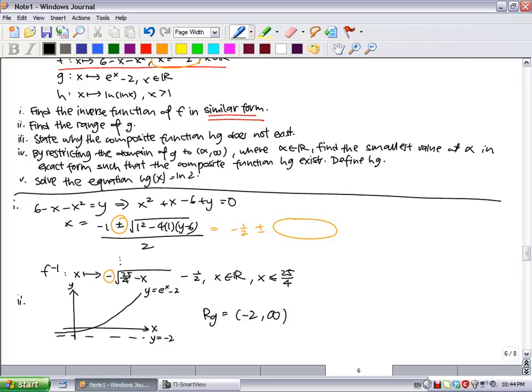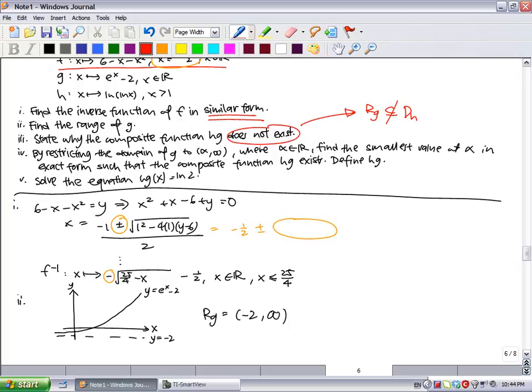State why the composite function hg does not exist. We just went through this in the previous question, and the key point here is, remember, for it not to exist, the range of g cannot be a subset of the domain of h.